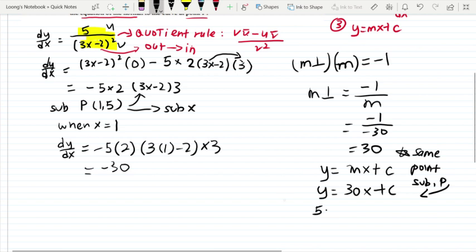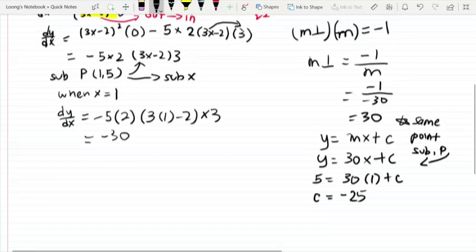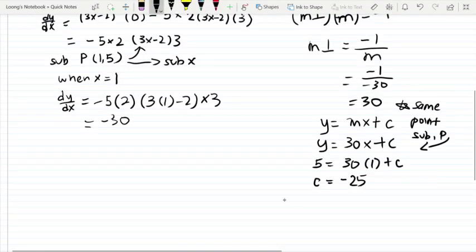P is 5 equals 1/30 times 1 plus c, and c is 149 over 30.